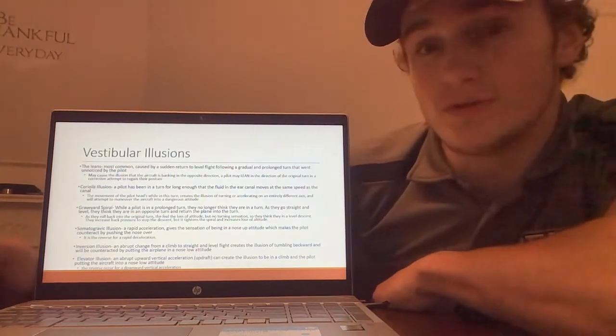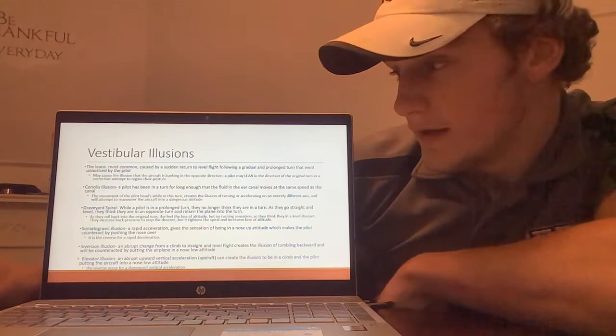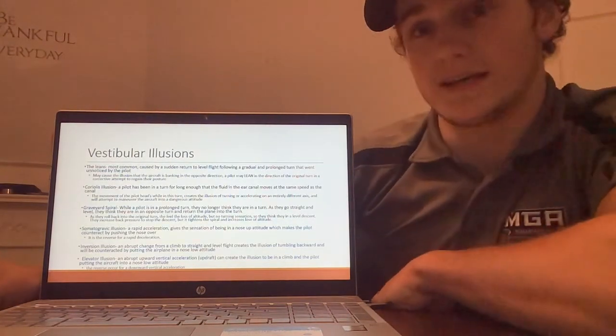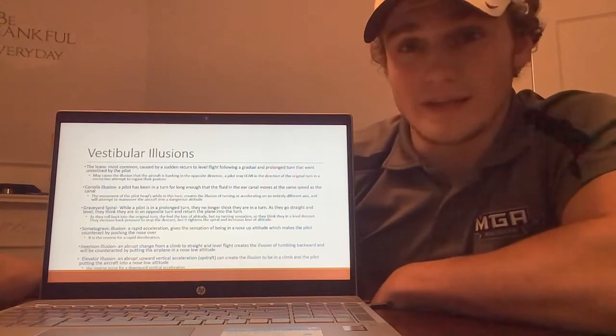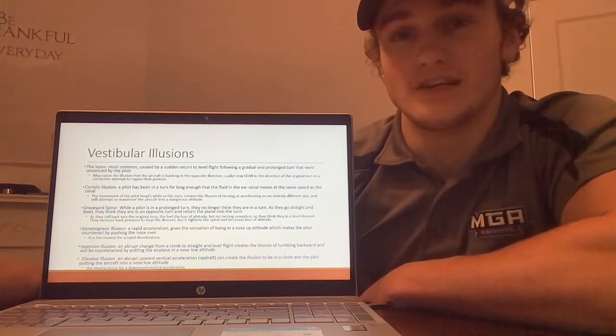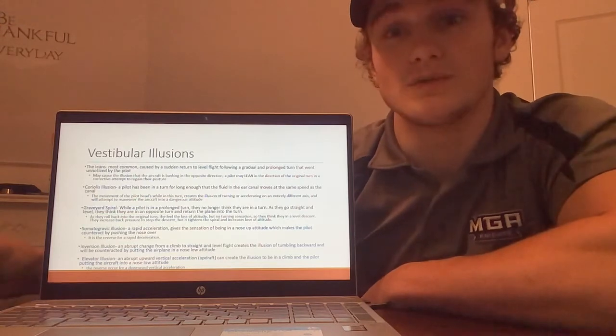The Coriolis illusion is sort of similar. The pilot is in a prolonged turn for long enough that the fluid in the ears moves at the same speed as the canal. However, during that turn, the pilot will make an abrupt head movement. Sometimes you'll see this on a check ride for a private student doing steep turns.